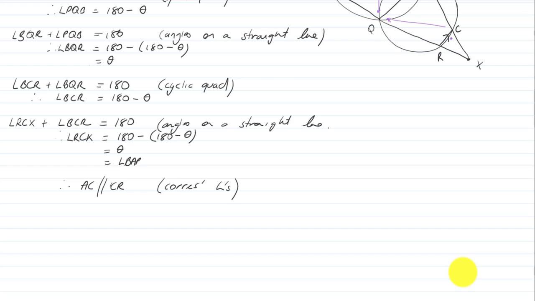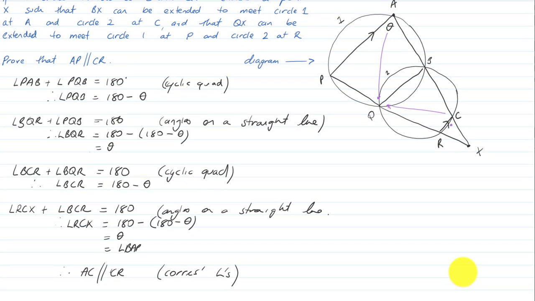So, just to show you what I've done and use some colours, let's start with orange. I've started with this angle and this angle, and I've shown that they're opposite cyclic quadrilaterals, 180 minus theta. And in green, I've used this angle here and here to show that this is theta.